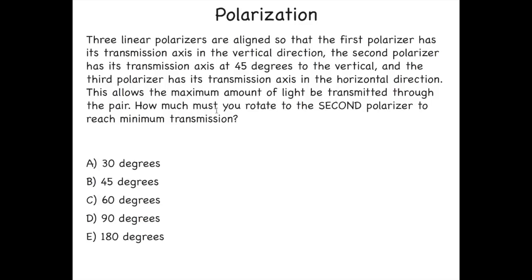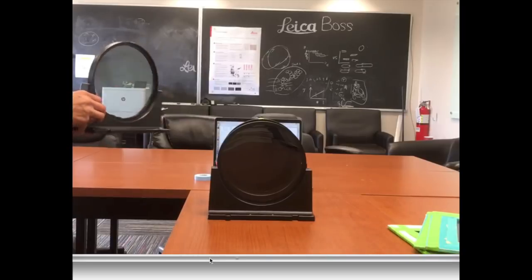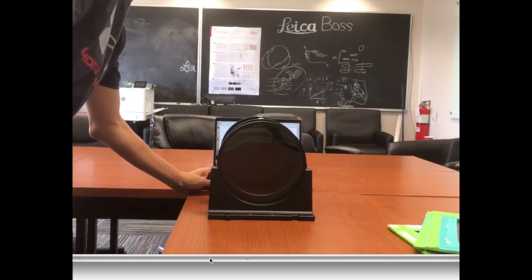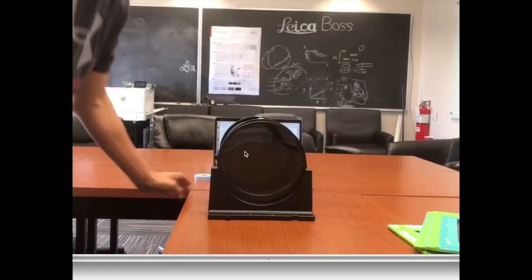How much are you going to have to rotate the second polarizer to reach a minimum transmission, which for ideal polarizers would be zero transmission? So we'll add a third polarizer. This one has blue tape showing where the axis is.